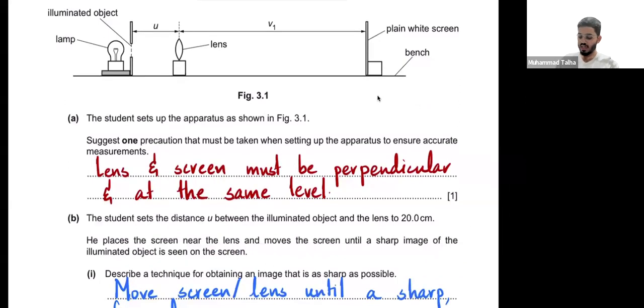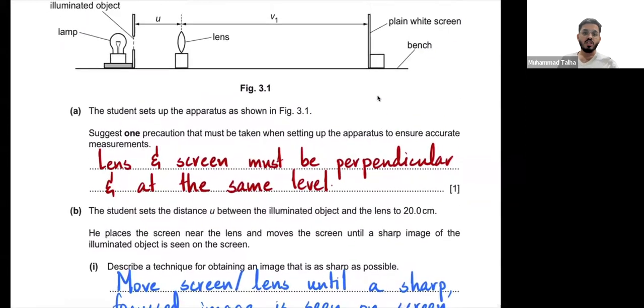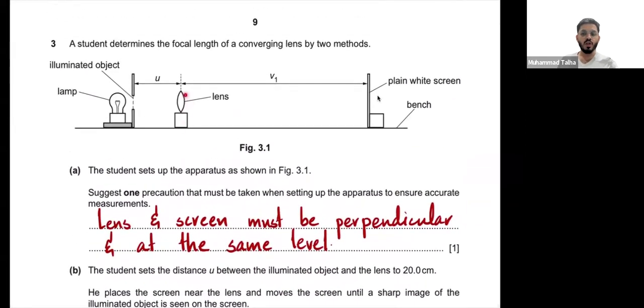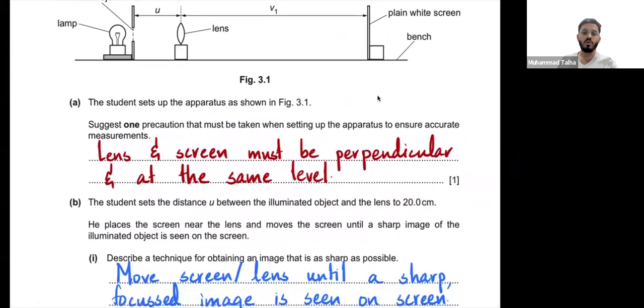The idea is that you have this distance u between the object and the lens, so you should not really move the lens in this case. Rather, you should move the screen back and forth and see where you have a sharp focused image forming.